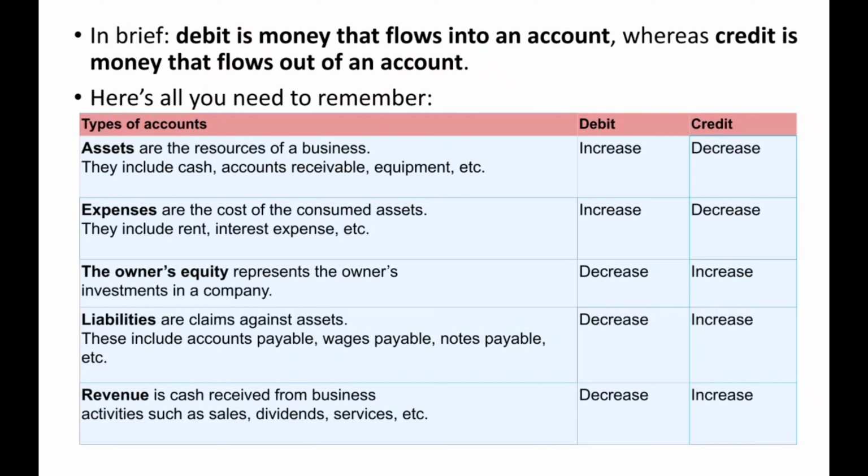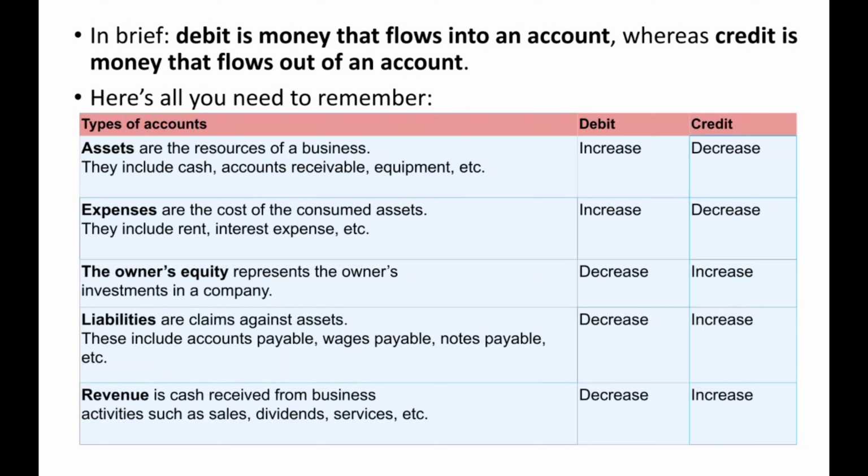The third one is owner's equity. Owner's equity represents the owner's investment in a business. When the owner's investment decreases, it comes under debit; when it increases, it comes under credit. Then liabilities.